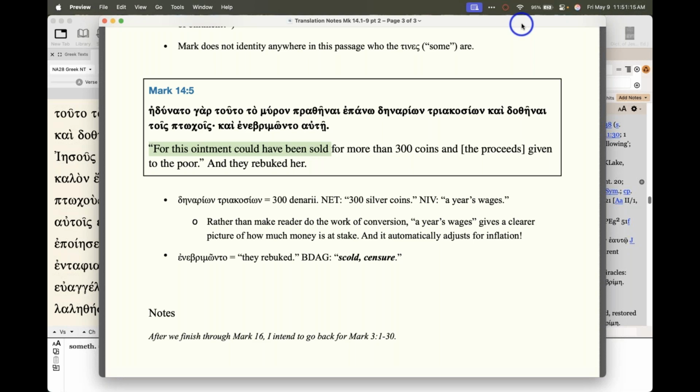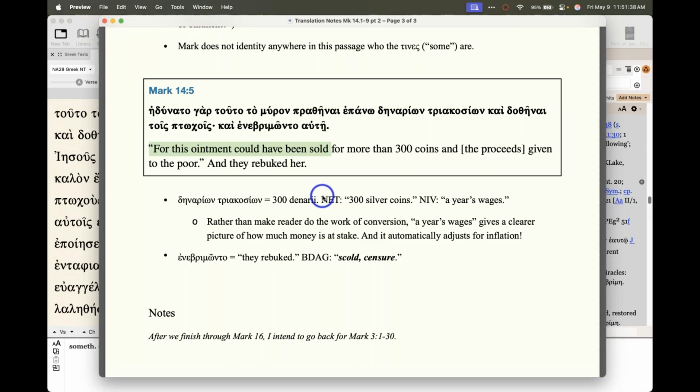I mean, I suppose translating it as denarius is more literal, but in terms of translation, you've got the one world, which is where everybody there would know what 300 silver coins or denarii were worth. Probably most everyone reading your translation will not know what that's worth.